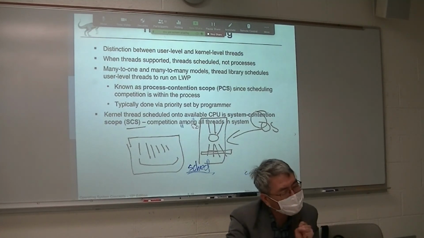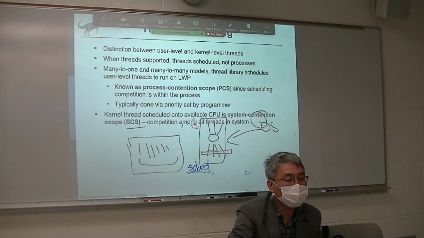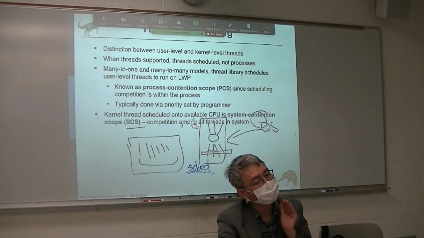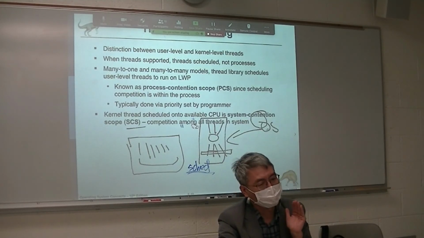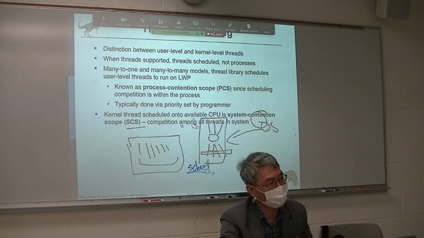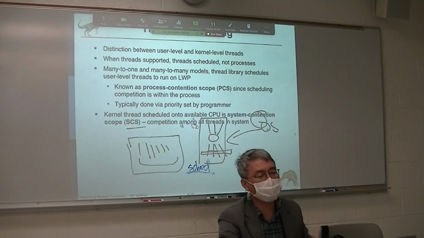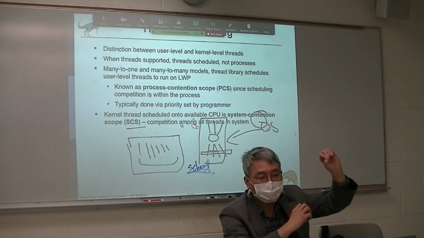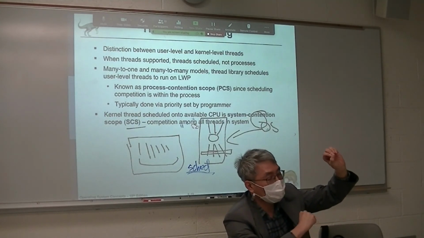But as you can imagine, this system-wide thread scheduling will be used mostly for kernel threads. So the user is not in charge of the kernel threads. Only the operating system is in charge of that. Because of what? Because of the dual mode, user mode and kernel mode.